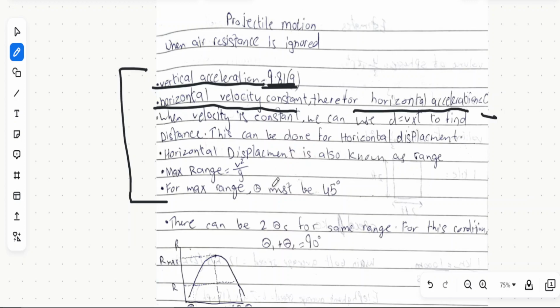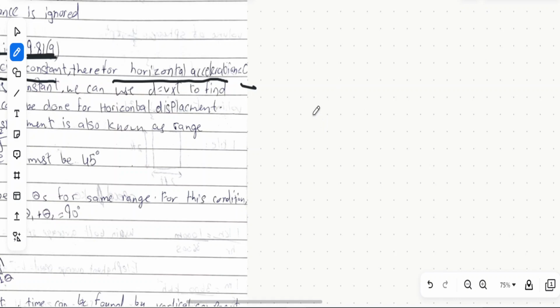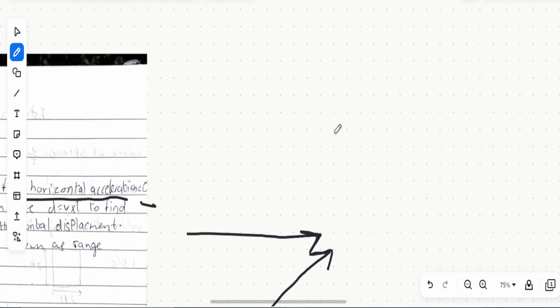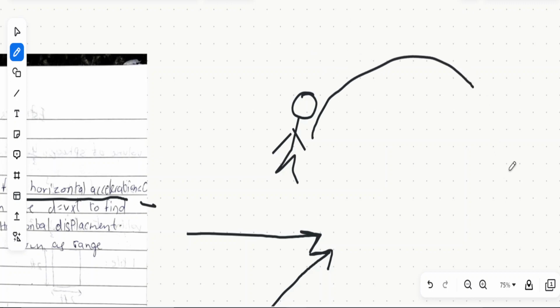What does this mean? In the case of horizontal velocity, so when your ball is moving, let's say in this direction, so you threw your ball, this time you didn't throw your ball straight up. In this case, now you threw your ball like this, so that it reaches somewhere right here at the same ground height.